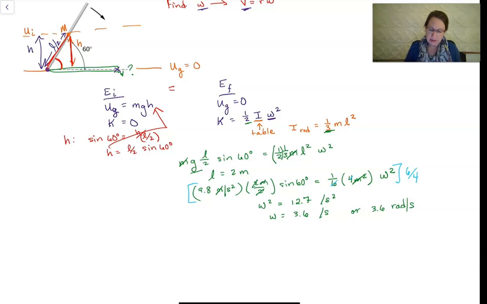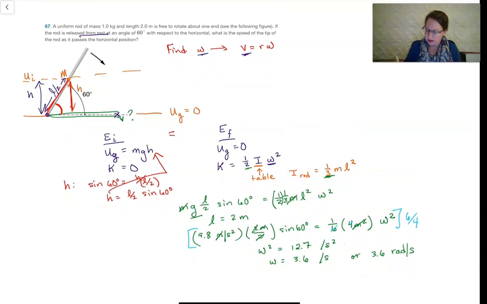To find the speed, because we weren't actually looking for omega, the answer in the book is looking for our v, so we can plug this in here and say v is equal to r times omega, so v is equal to this radius out to the point that we're interested in, 2 meters, and our omega is 3.6 radians per second, so our v is 7.1 or 7.2, depends on your rounding here, meters per second.